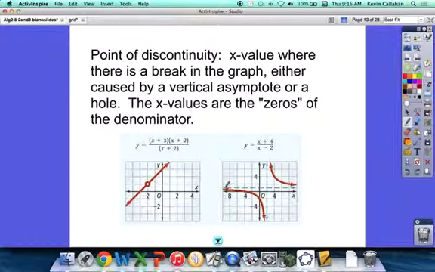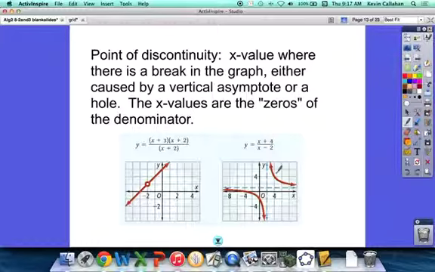You can't draw that graph with one continuous pen stroke and then draw the other part. So it's discontinuous, and that x value is where you pick up the pen and move.